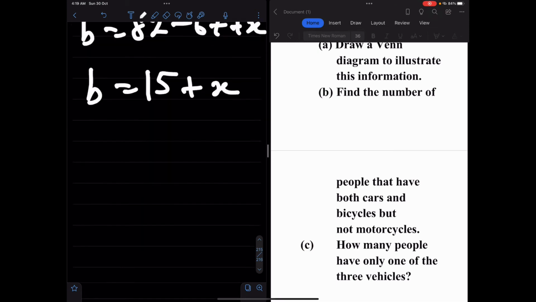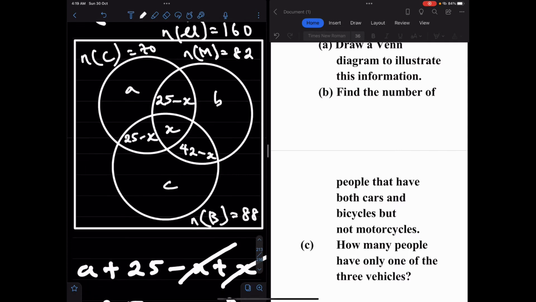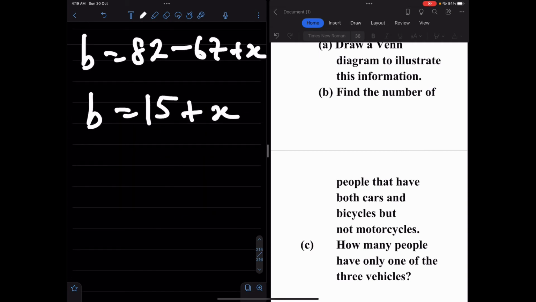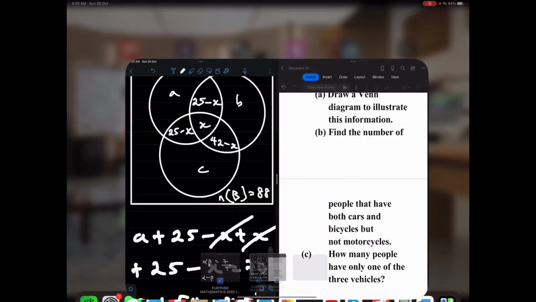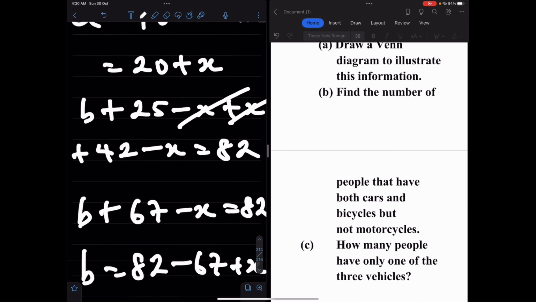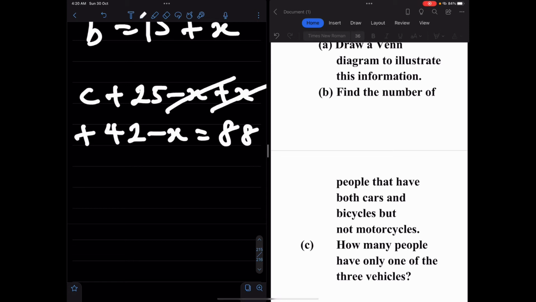Now I want to find C. C plus 25 minus X plus 42 minus X will be equal to 88. That's the number of elements in the set B. And that simply means minus X plus X is 0, and 25 plus 42 is 67.